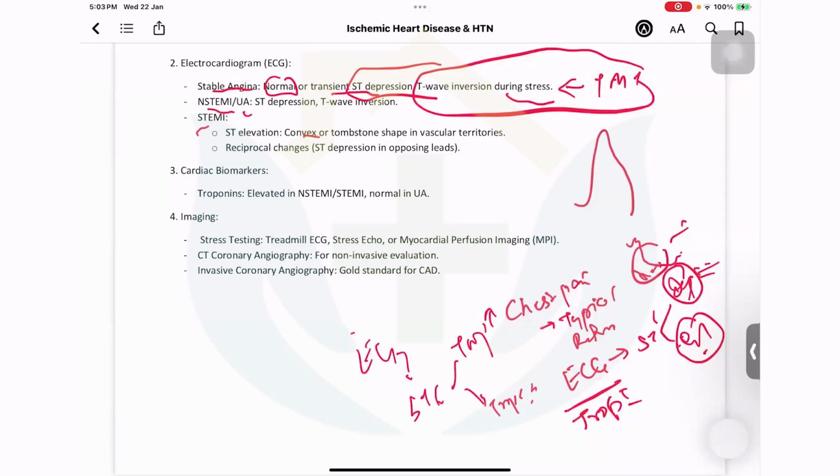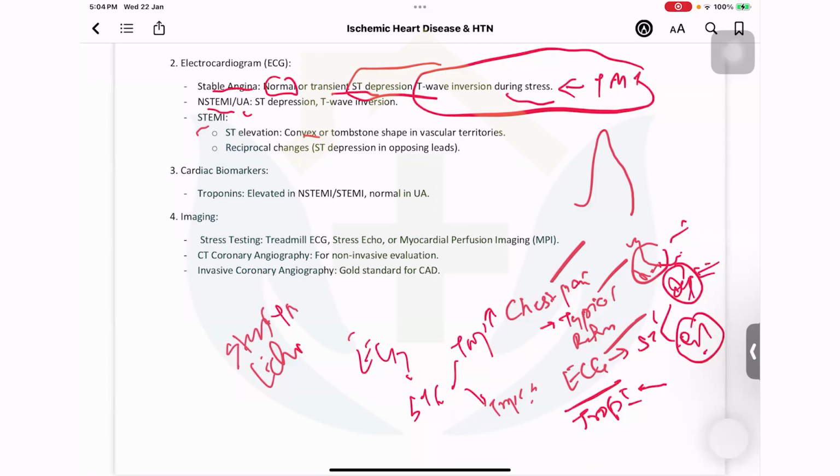So we started from chest pain, then it was typical. We did an ECG, with some findings. The next evidence is troponins and CK-MB, and the next is imaging. So the next is echocardiography. You can get a TMT done.